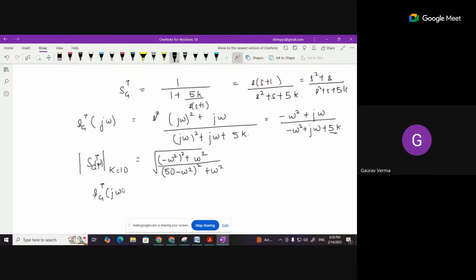We are trying to find the absolute value of sensitivity here, right? Correct. We have to find out the numerical value. So we have done this, and now it is for you to calculate and tell me the values at omega is equal to 1. Substitute the value of omega as 1 and solve it. What you'll get?